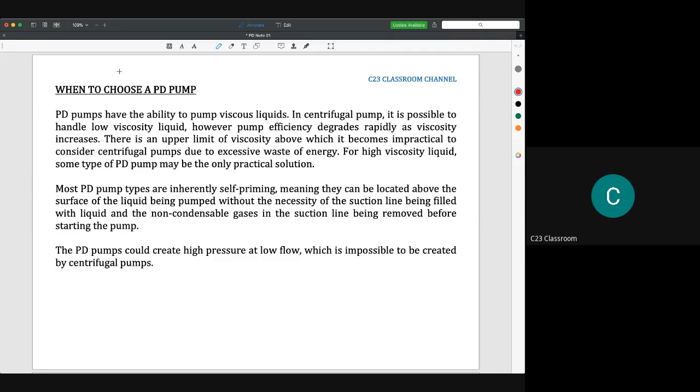Positive displacement pumps have the ability to pump viscous liquid. So the first advantage is that it can pump a viscous liquid. If your liquid has high viscosity, you need to use a positive displacement pump to flow that liquid.